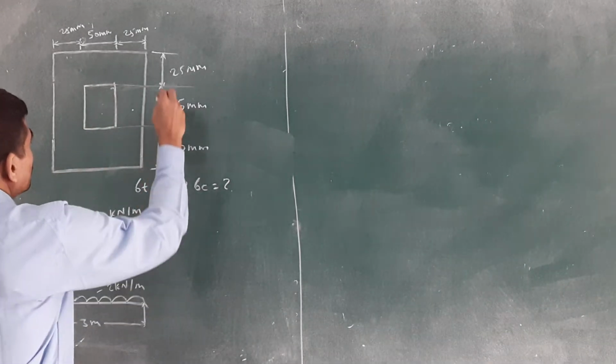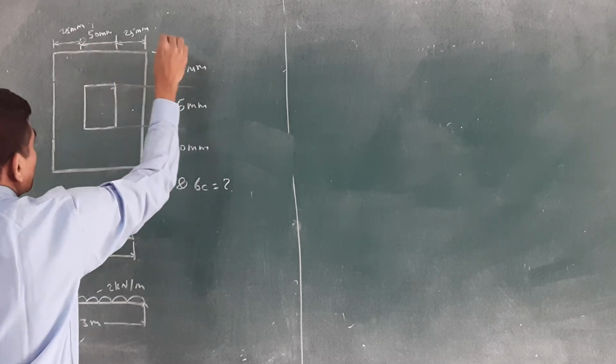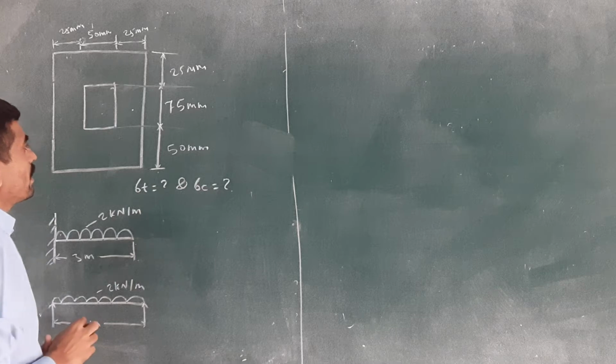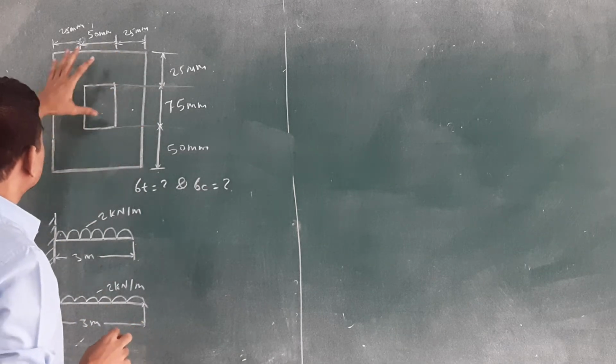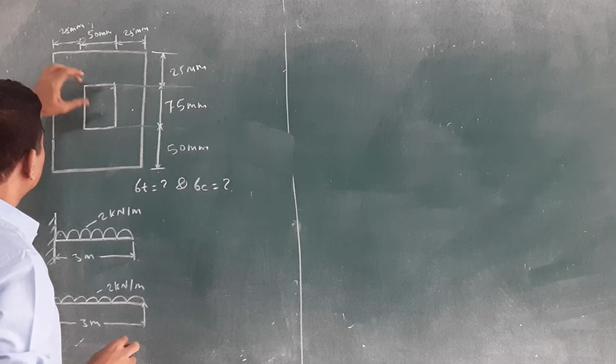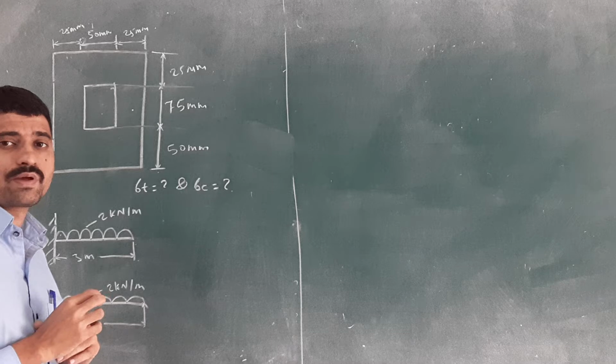Check the dimensions: the outside rectangle is 100 mm by 150 mm, and the inside rectangle is 50 by 75 mm.